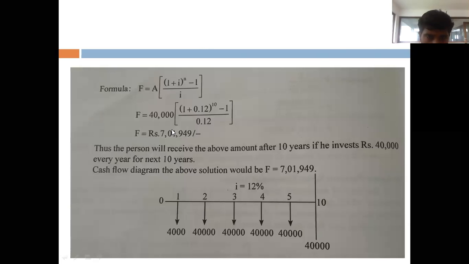So these are the things. If I invested all these amounts, this is the formula you have to substitute. Substituting the A, substituting the i, it is 12%, 12 divided by 100, it is 0.12.